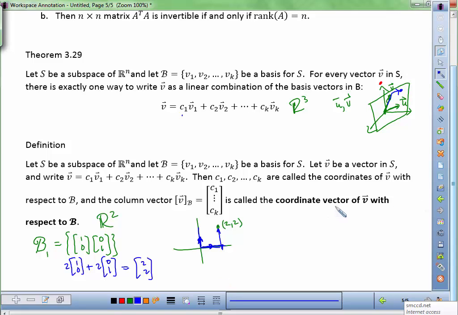So my coordinate vector with respect to this basis is (2, 2), and I suppose you could write it as a column vector.